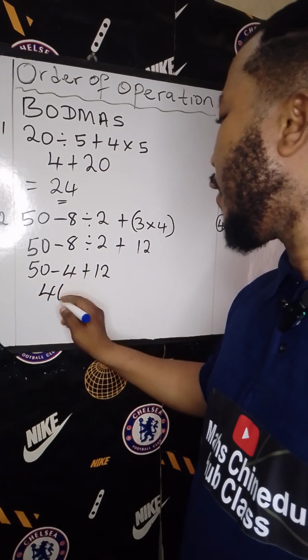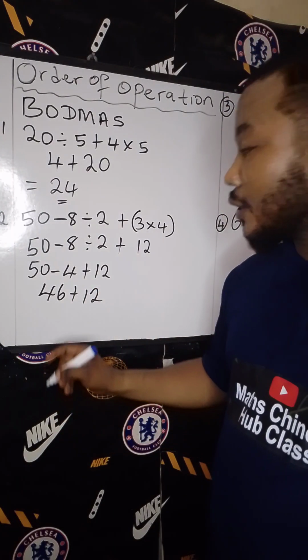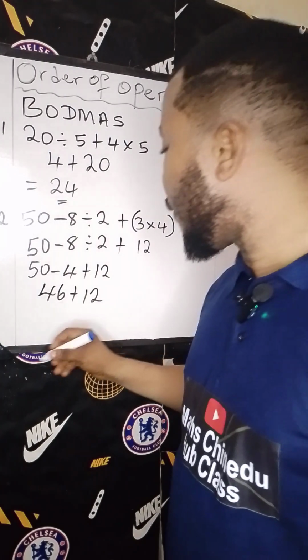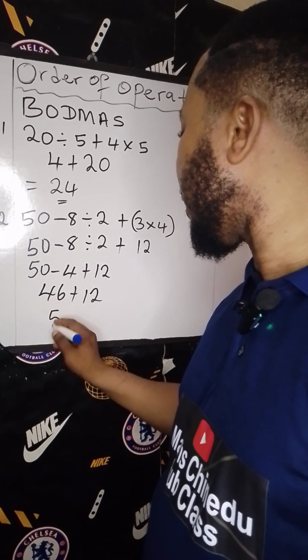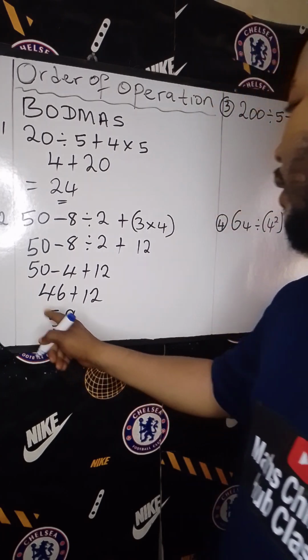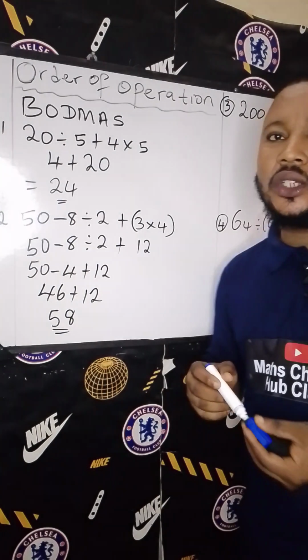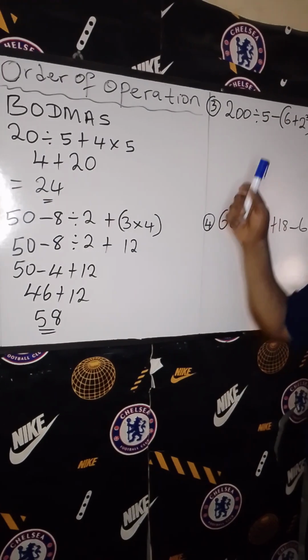So we have 46 plus 12, which gives us 58. So the value of this is equal to 58.